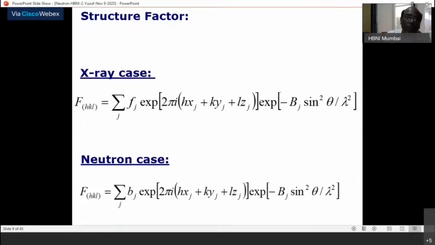If there is no deviation, the atom is fixed at its mean position, and this factor will be 1. That means no reduction of the structure factor. As atoms vibrate more, with larger amplitude, this B will be large, and there is a minus sign, so this will keep lowering the value of the structure factor. And you are taking the summation over all the atoms or ions in your so-called unit cell.